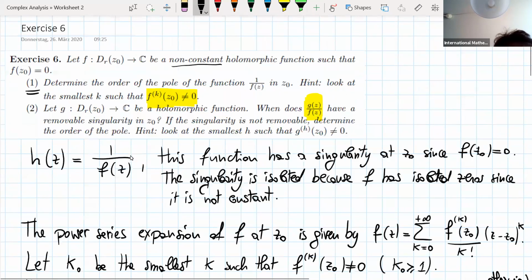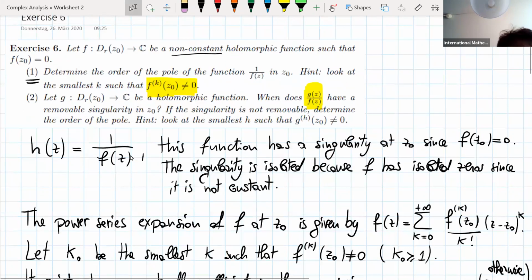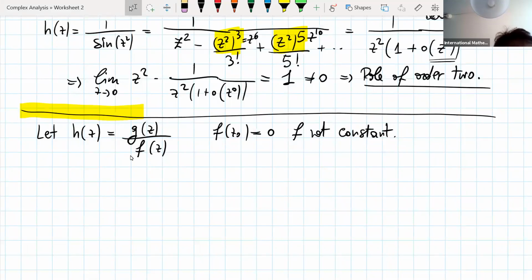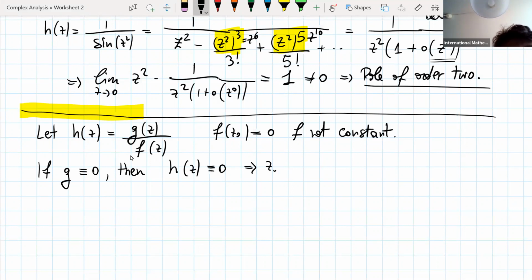In this case g is not required to be non-constant. So maybe we can already exclude the trivial case in which g is equal to 0. So if g is constantly equal to 0, then h of z is also equal to 0, and this means that the singularity is removable. So z0 is a removable singularity.